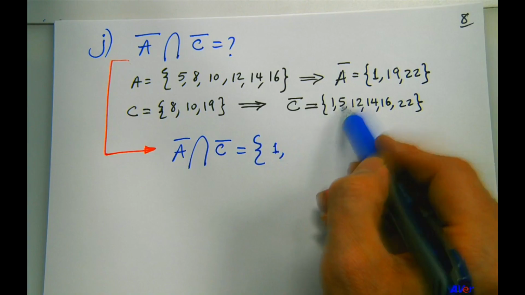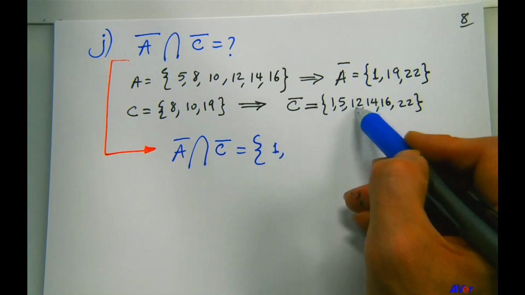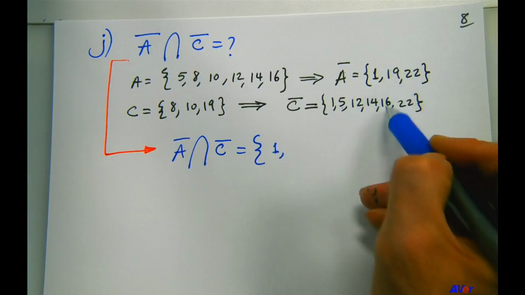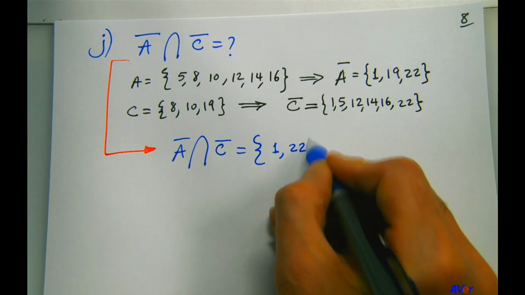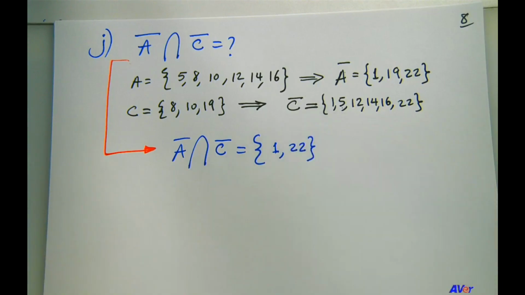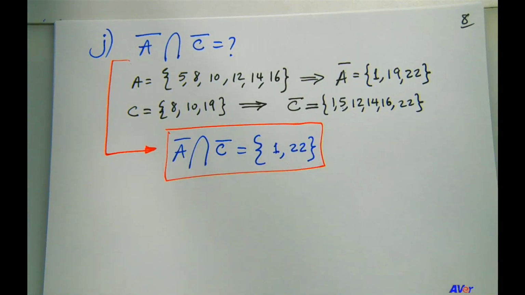Right? 5 is not there, so we cannot include it as part of the intersection. 12 not there, 14 not there, 16 not there, 19 not there, 22 is there. So 1 and 22 are the intersection between A bar and C bar. Okay, I hope this made everything clear.